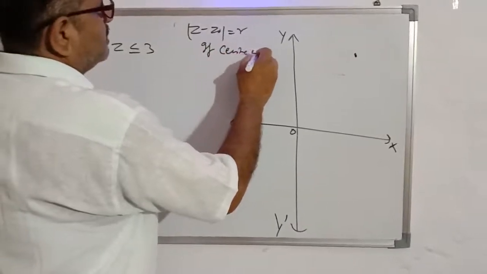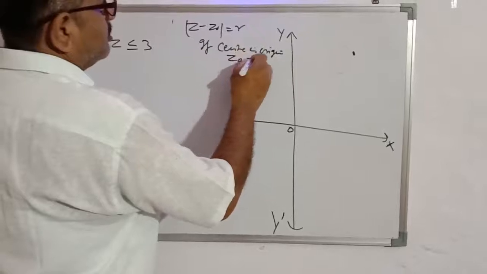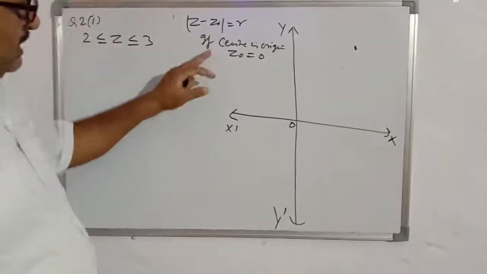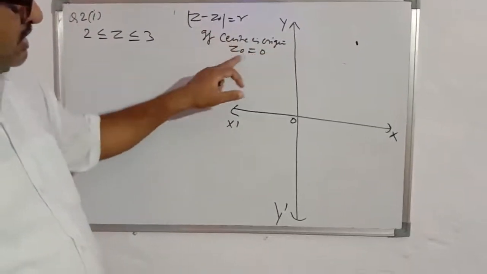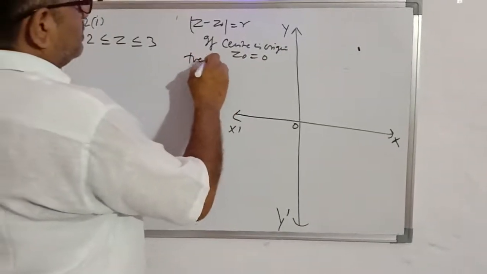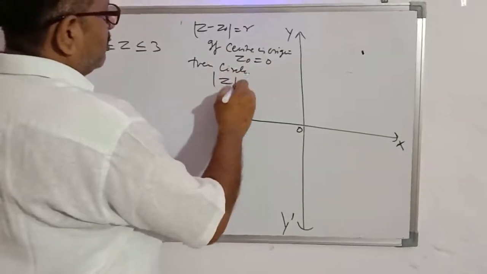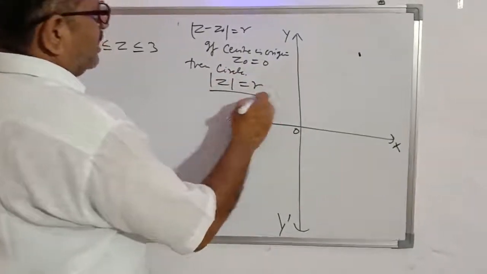If the center is the origin, then z0 is equal to what? 0. If center z0 is the origin, then z0 is equal to 0. So then the circle will be |z| equal to r.